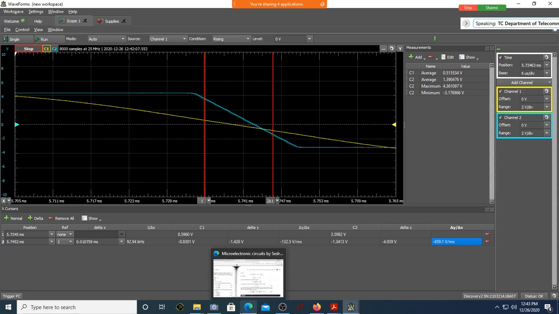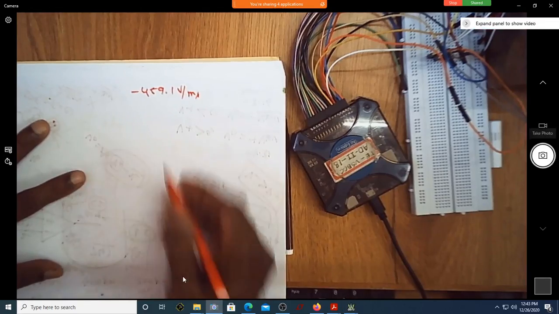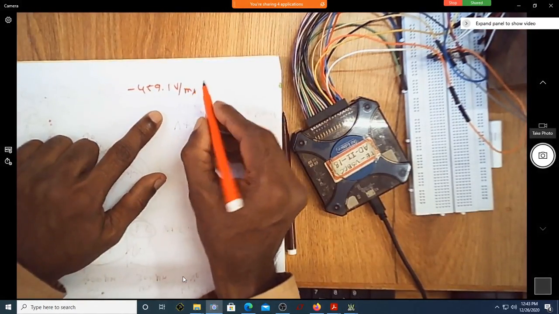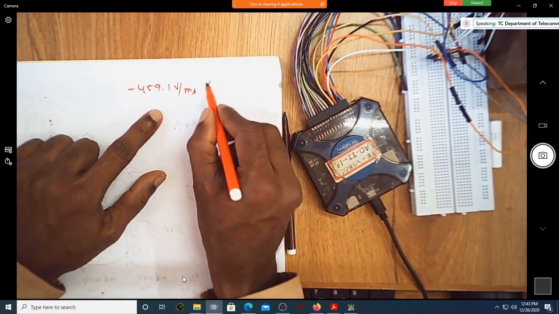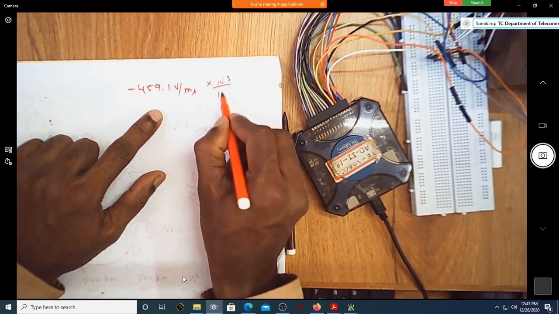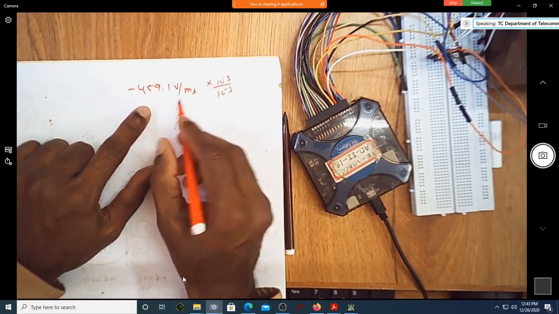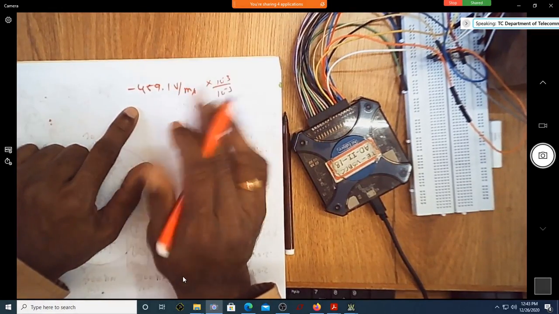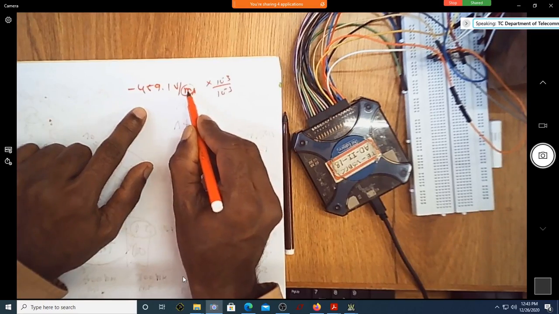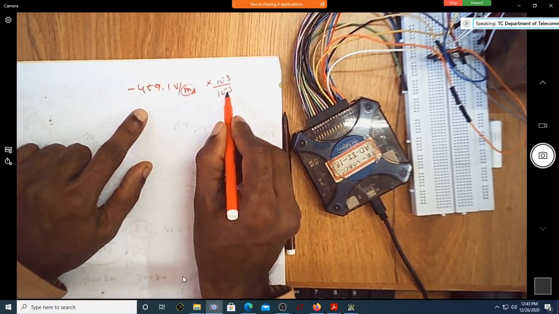What I'll do, I'll share the camera. This is millisecond. I'll multiply and divide by 10 power minus 3. Multiplied by 10 power minus 3, divide also by 10 power minus 3. No change, because usually the unit of your slew rate is per microsecond. So I want to make this milli to micro.